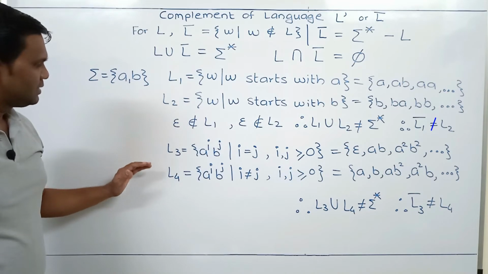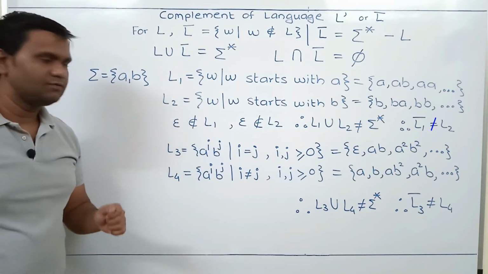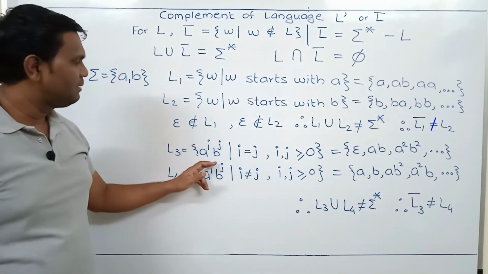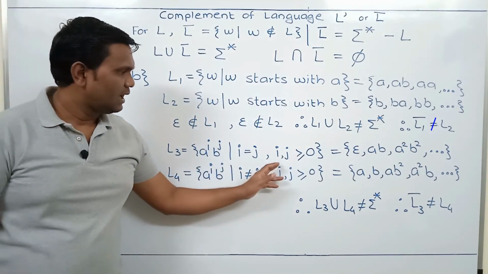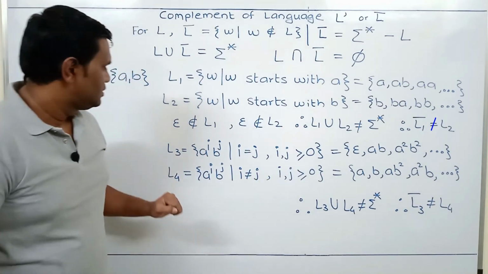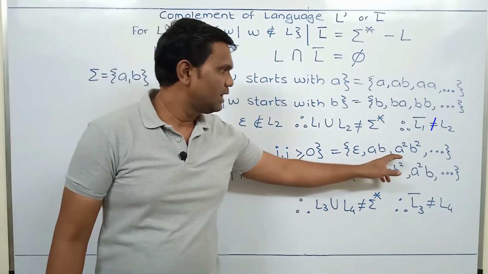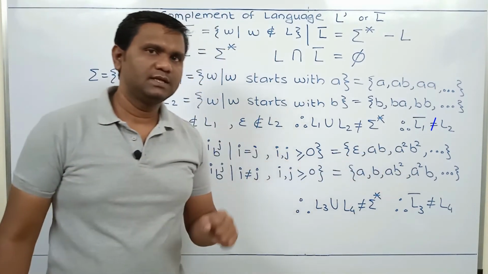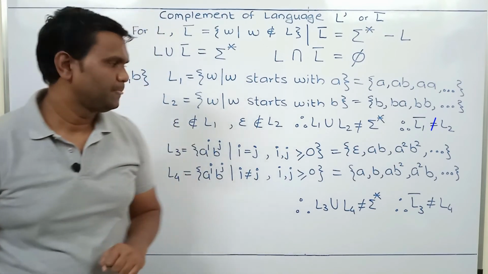Consider another example. Language L3 contains strings of the form a power i b power j such that i equal to j, i, j greater than or equal to 0. So L3 contains epsilon, ab, a2b2, strings of the form some number of a's followed by the same number of b's.